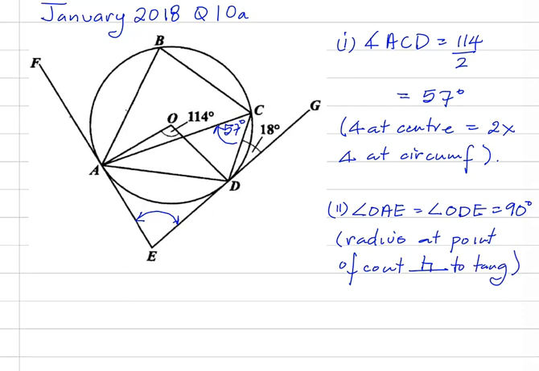The radius at the point of contact is at right angles to the tangent. So what I just showed you is that this angle here is 90 degrees and this angle here is 90 degrees.